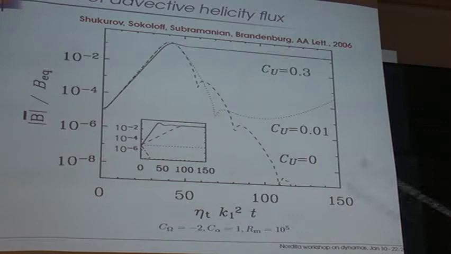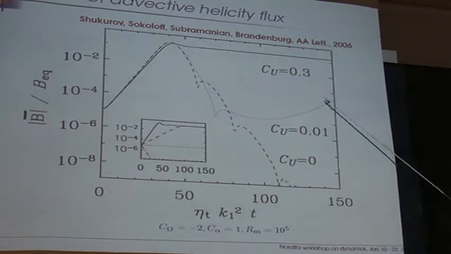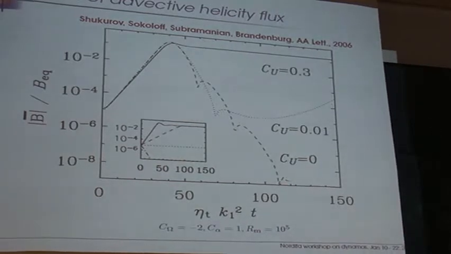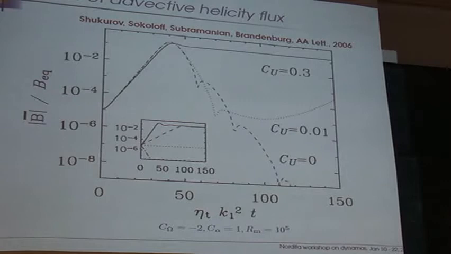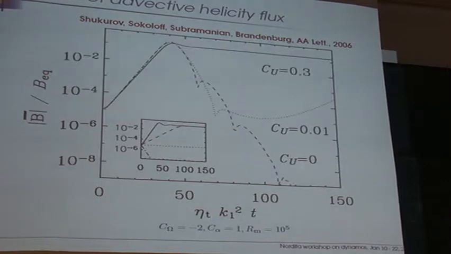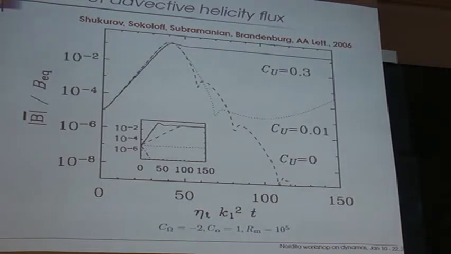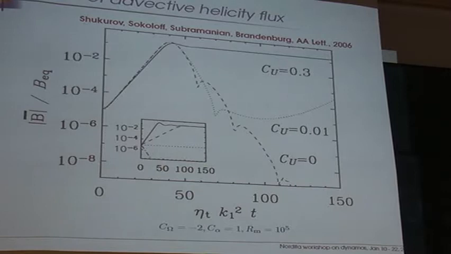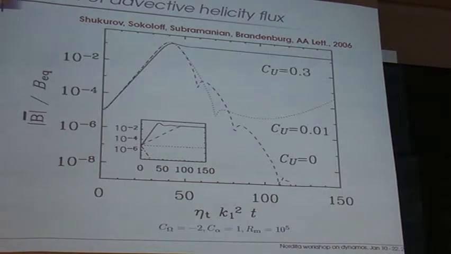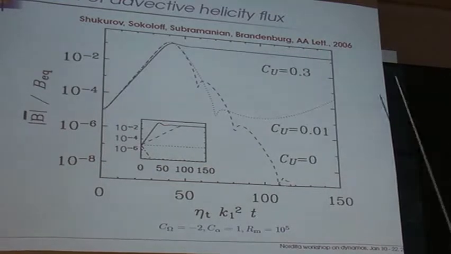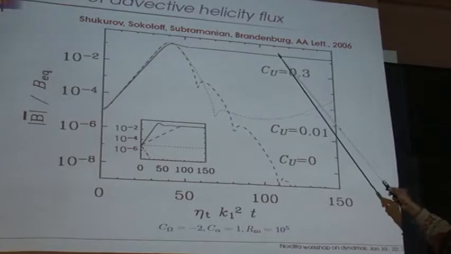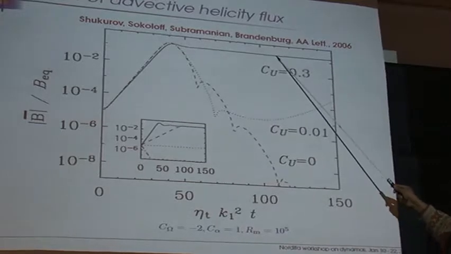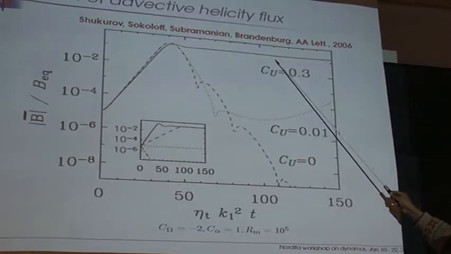On the other hand, if you put small amounts of this advective flux, before the alpha magnetic or the current helicity can back react on the kinetic helicity, it's advected away from the system. Because of this, the alpha kinetic survives, and you get up to fairly reasonable values of the mean magnetic field.